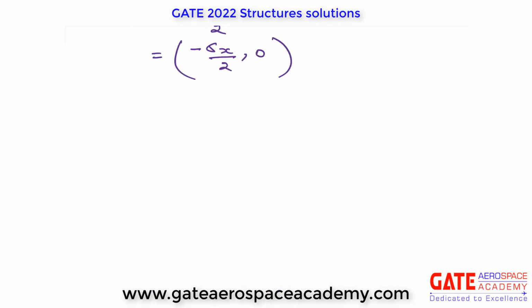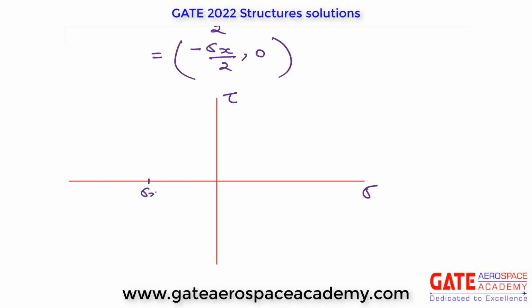So let's draw it on Mohr circle. Again this is sigma axis and shear stress tau here. So center location is, let's say here, at minus sigma x by 2 and its radius is also equal to sigma x by 2. So again it will be tangent to shear stress axis. So let's draw.